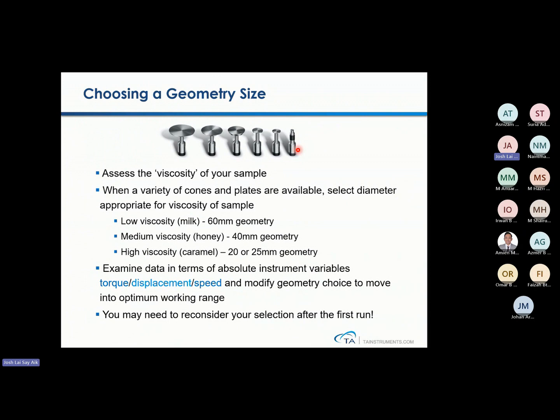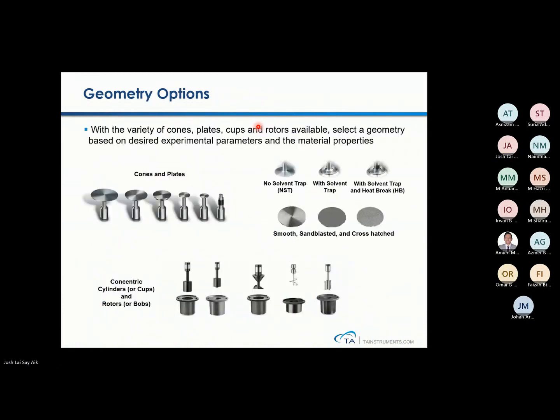Typically, these are the geometry sizes available for selection for any type of sample that you want to assess. Besides parallel plates, for samples that are very slippery, you can go for sandblasted or crosshatch to hold the samples in place.